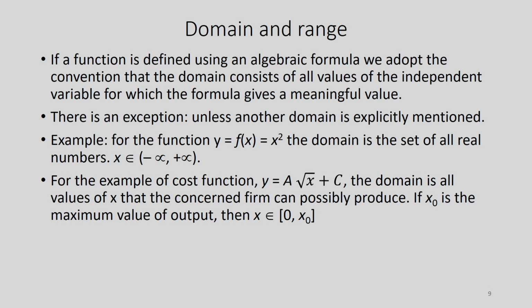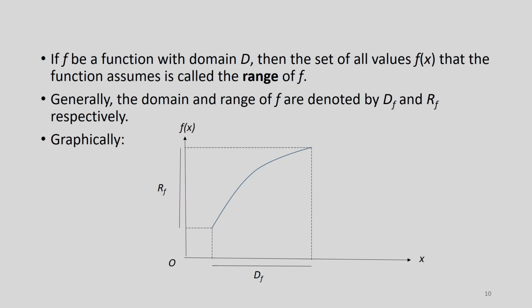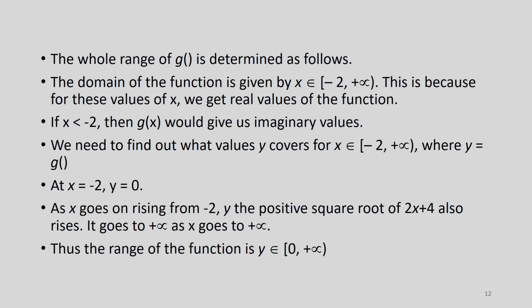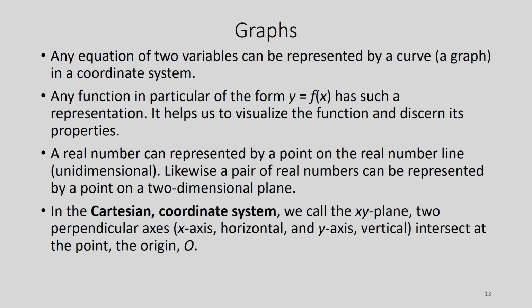A domain is the set from which the x, that is the argument, is taking its value, and the range is the set to which this maps to, that is the set of values of the function. So, this is an example of D. D is the domain, R f is the range, and we talked about different examples again. Domain can go from 0 to infinity, and so can the range.